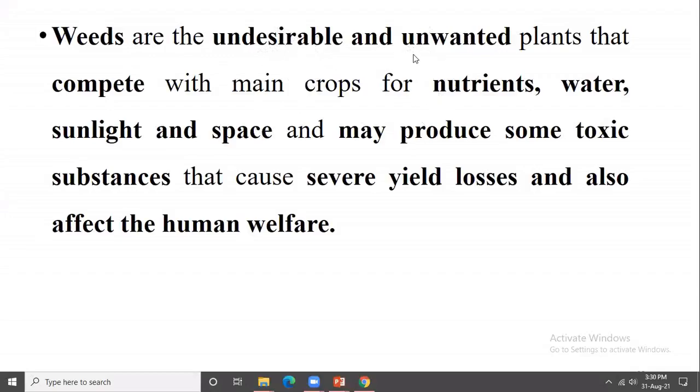But unwanted plants are economic plants too; we did not cultivate that plant, but it grows extra. So that is unwanted.